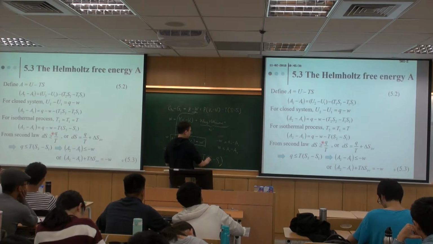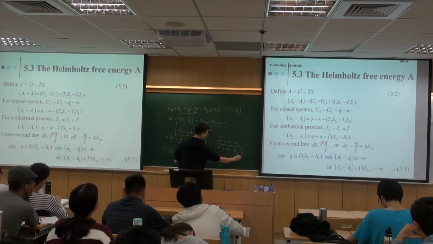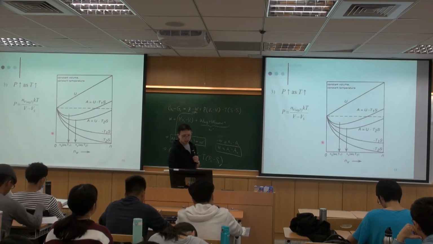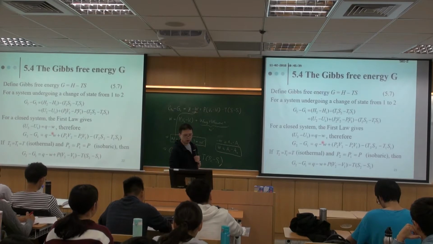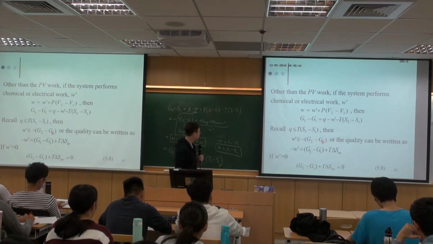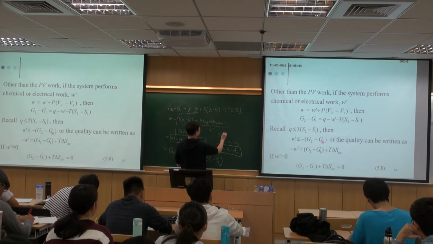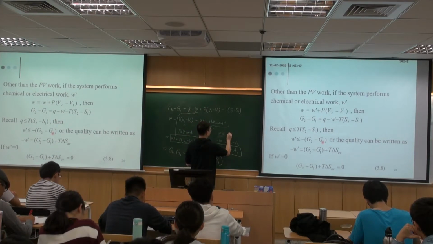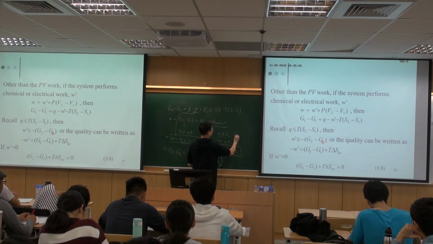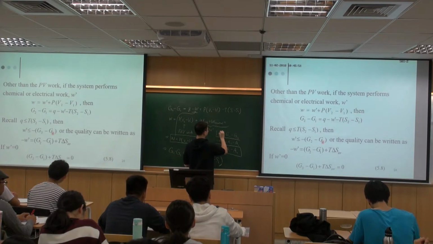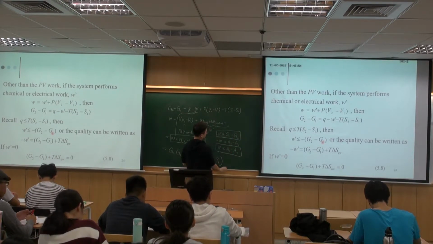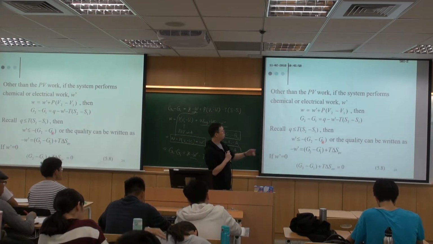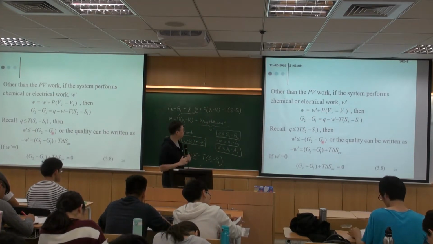So this is for the Helmholtz free energy. And for the Gibbs free energy, you have a very similar expression: W prime is no greater than, let's say, G1 minus G2. Because there's a minus sign over there, you can flip the sign for G1 minus G2.